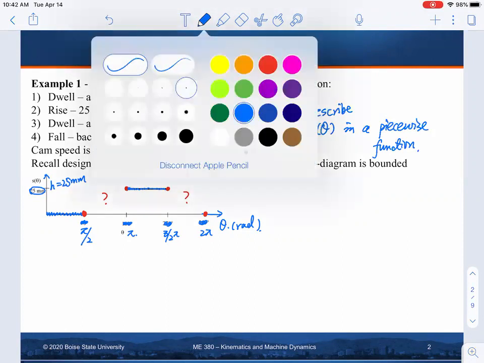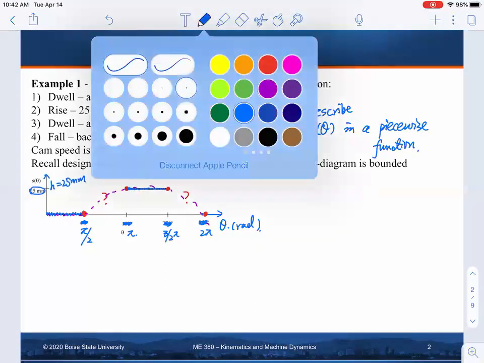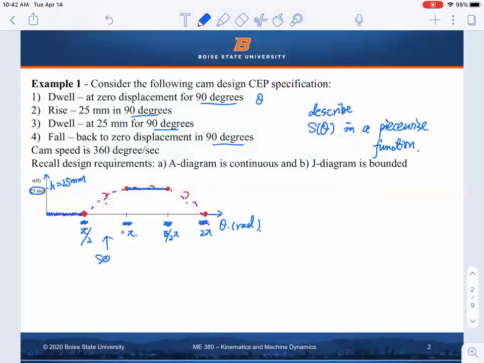I'm going to use a different color, purple. You're not going to find a single function that describes the entire motion. Instead, you target segment number 2 and segment number 4 individually, and then lump them together using piecewise functions.